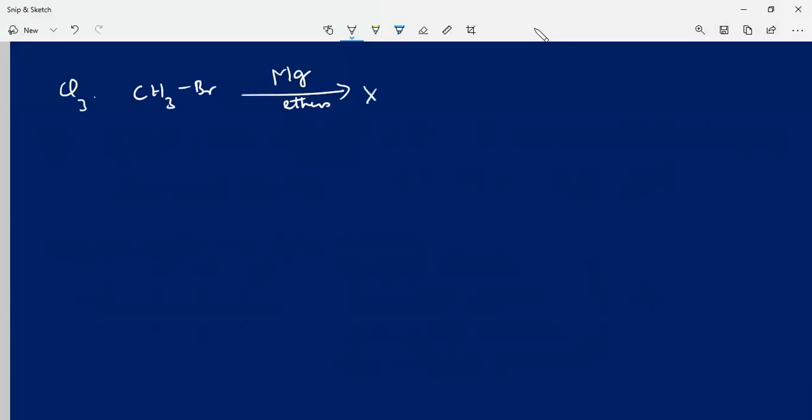Okay, let us see question number 3. The question is: CH3Br, that is methyl bromide, treated with magnesium in the presence of ether has given X. Again that X is treated with tertiary butyl alcohol, (CH3)3COH, and that has given a product A. What is the product A?